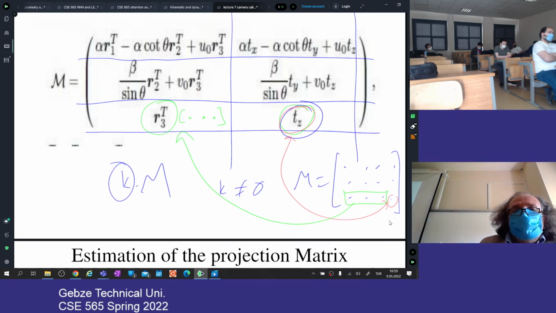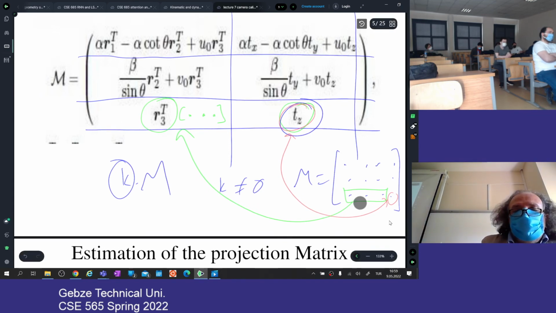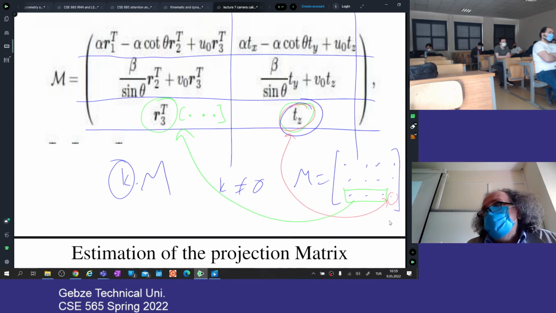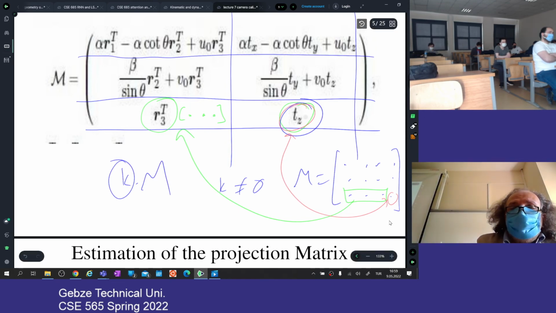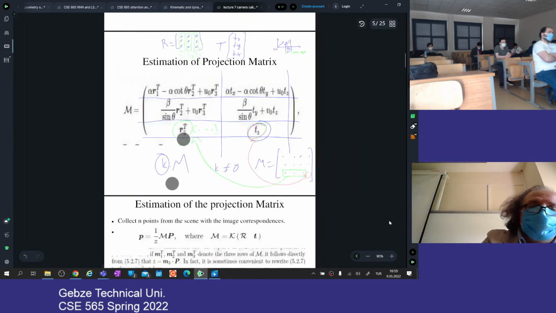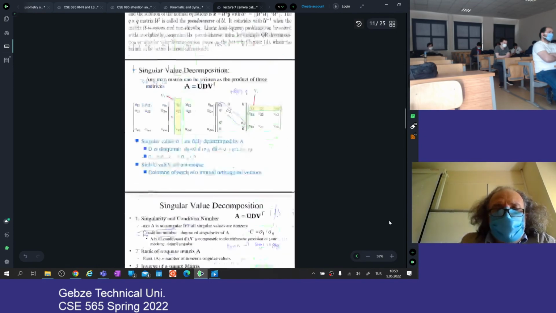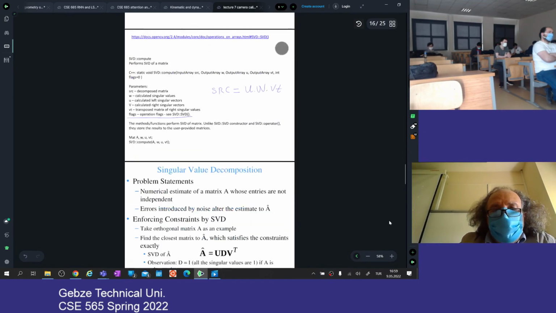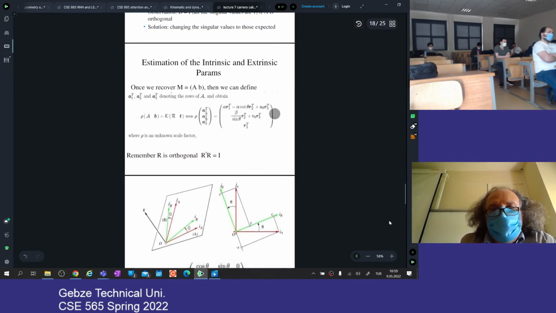The answer is, well, they are K times R3, and I don't know what the value of K is. So I am not done, and if I am not done with this last row, I have many more things to do with these 3 rows. So let's see what kind of mathematical tricks we can do to find those.